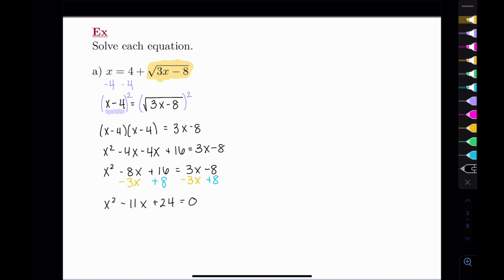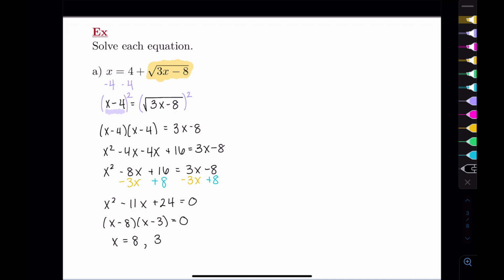And really at this point, if you don't get something that factors, it's very likely you made a tiny algebra mistake. Because we need to check these solutions, they should be nice numbers. So this does factor very nicely as x minus 8 times x minus 3 equals 0. So we end up with two solutions, positive 8 and positive 3.